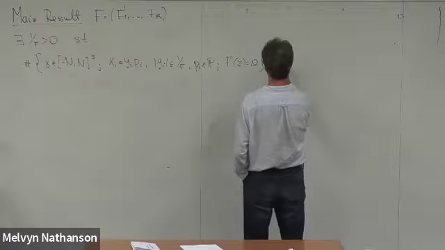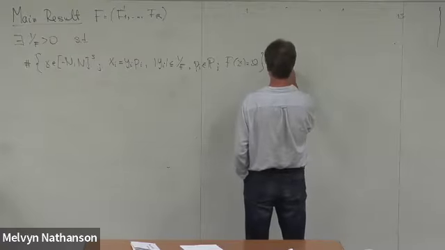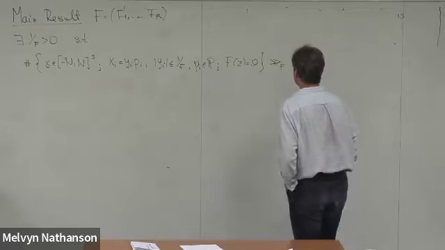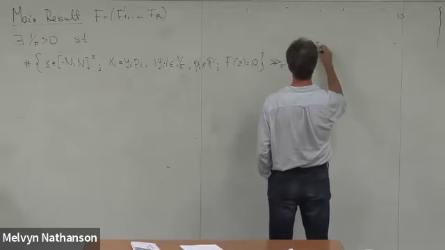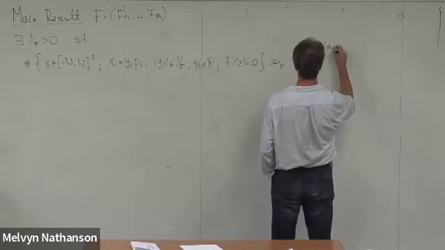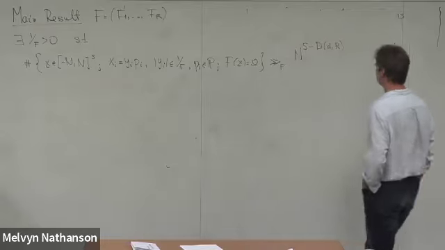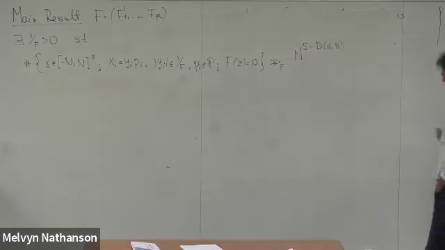It's bigger than or equal to a positive constant depending on F, times N to the s minus B, where B is some constant which depends only on the degree and the number of equations.